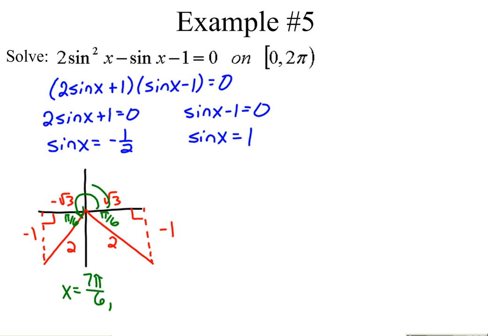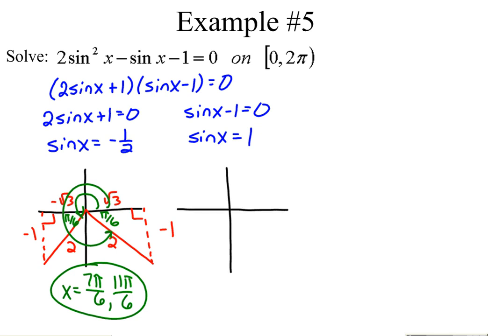Reference angle that we're interested in is pi over 6. So our two solutions we get from the first factor: this rotation here, which is 7 pi over 6, and that rotation there, which is 11 pi over 6. There's our first two solutions.